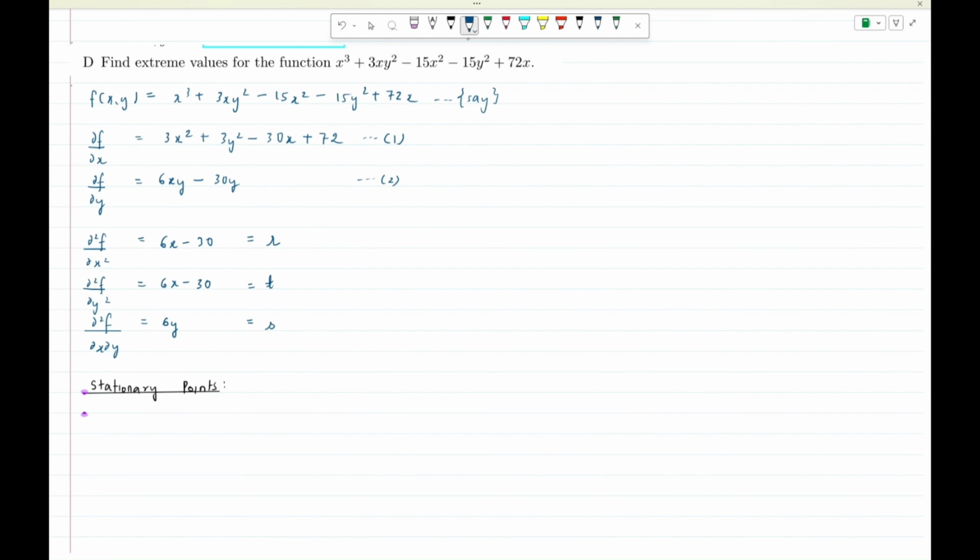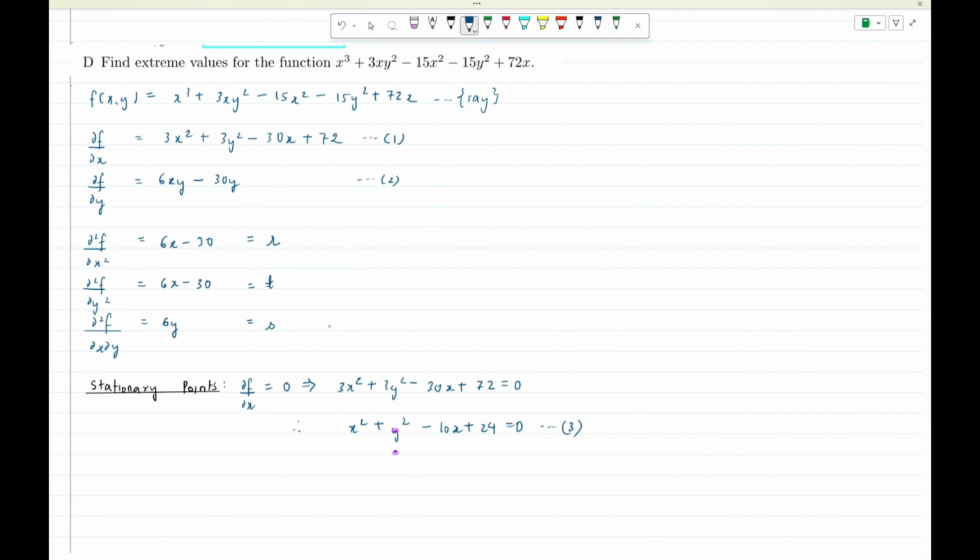If del f by del x is equal to 0, this gives us that 3x squared plus 3y squared minus 30x plus 72 is equal to 0, and we can factor out 3, so we will be getting x squared plus y squared minus 10x plus 24 is equal to 0. Let us call this equation number 3.